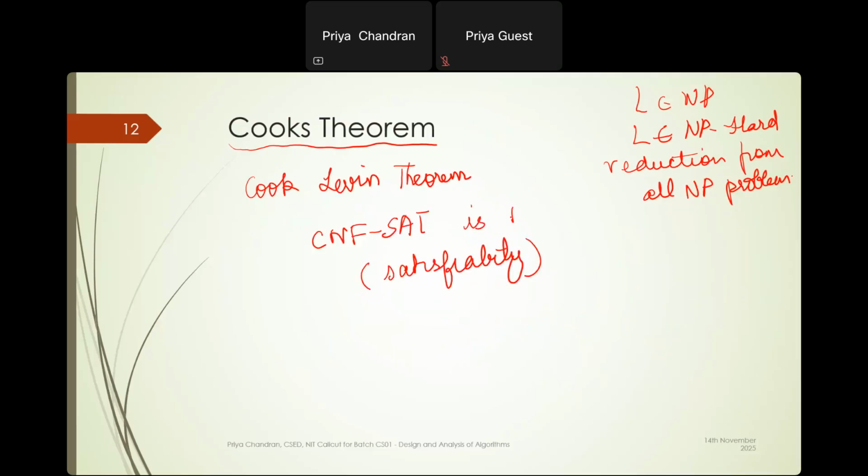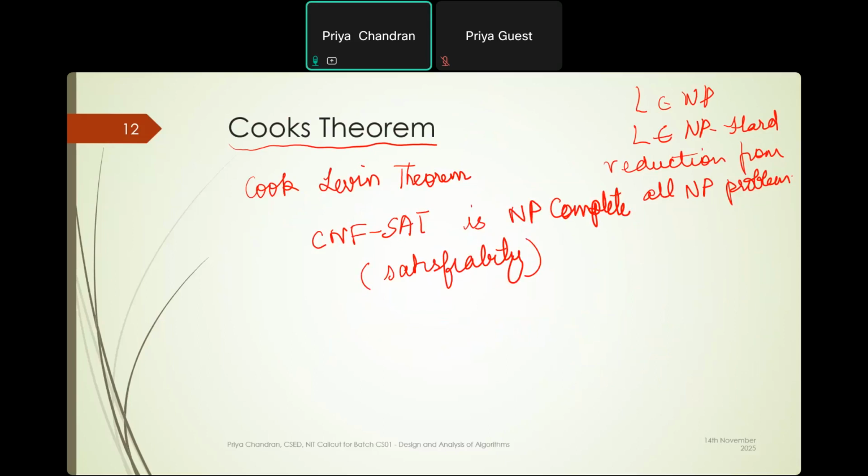In fact, there is a big proof. If we have time later, I may look at a proof from circuit satisfiability. Circuit satisfiability is an equivalent problem to CNF SAT.